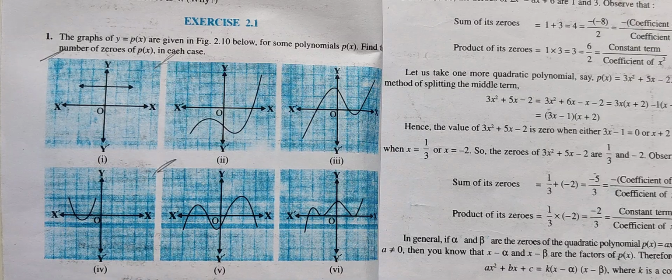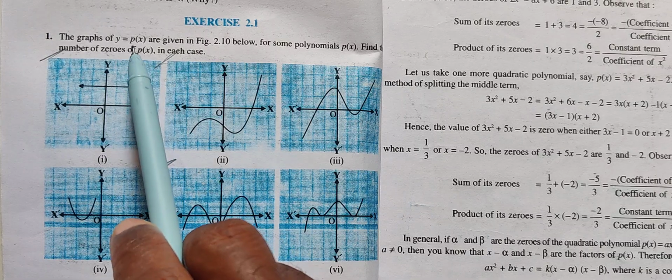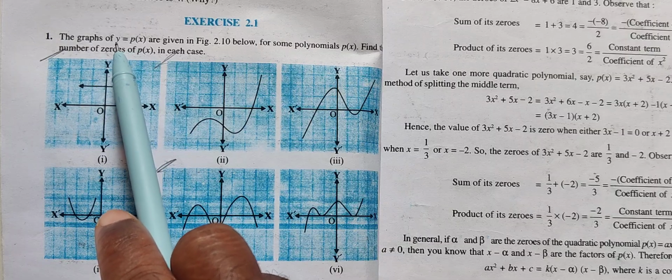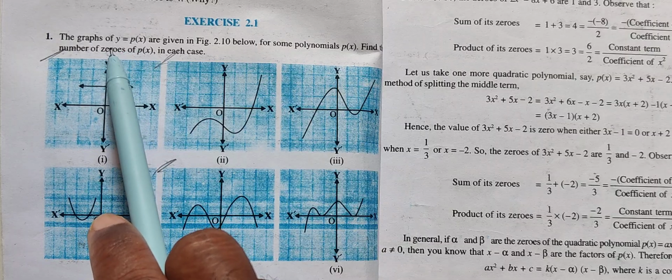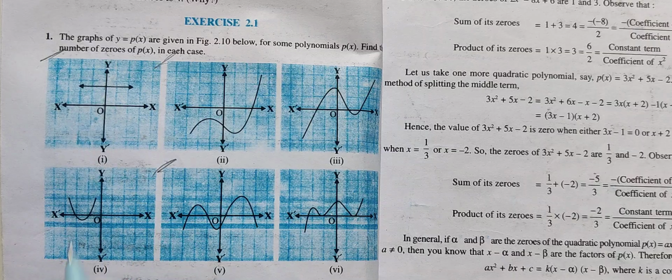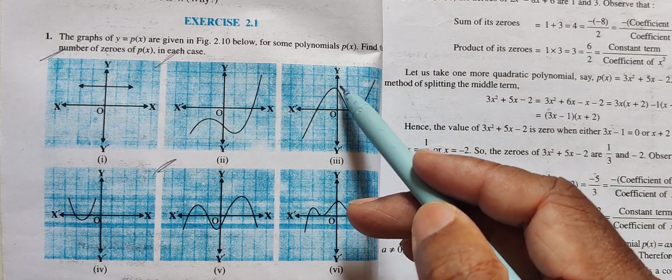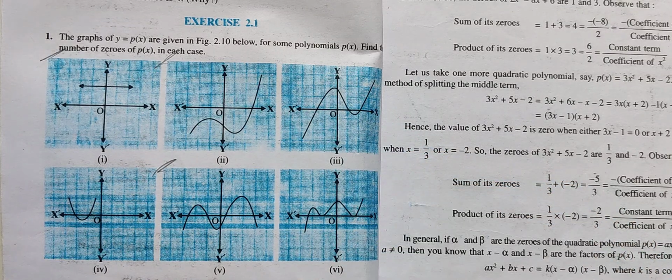So here it is not a trick or tip. I am suggesting read the question thoroughly. The graph of y is equal to p of x means how many places where y is becoming 0. If they have given x is equal to p of y, how many locations in the graph the x value is becoming 0. When the x value is becoming 0, then the graph will be either touching the y-axis or cutting the y-axis.